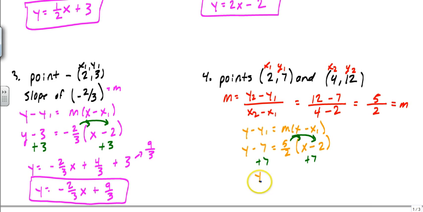So this becomes y equals 5/2 times x, which is just 5/2 x. 5/2 times negative 2: this 2 and this negative 2 will cancel, so I'm just left with negative 5. And then I have that plus 7 at the end. So after I combine these two numbers, I get y equals 5/2 x plus 2. That is my final answer.